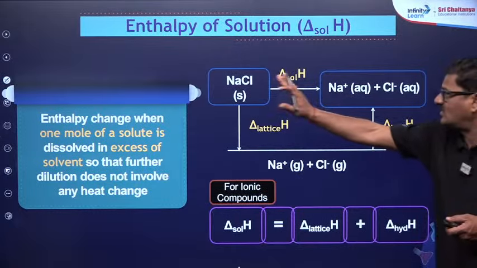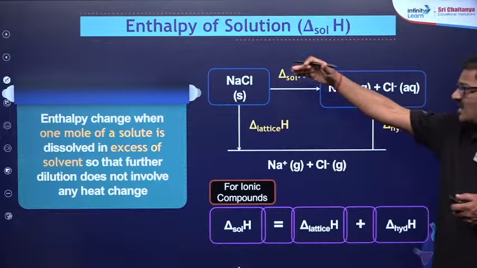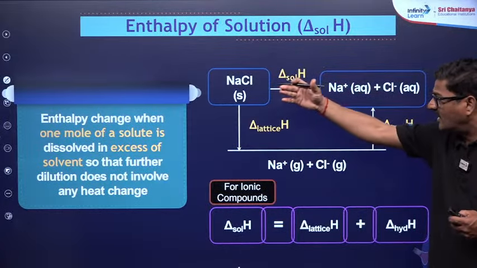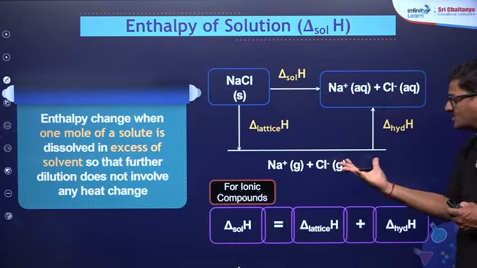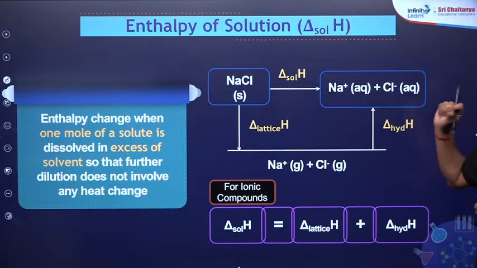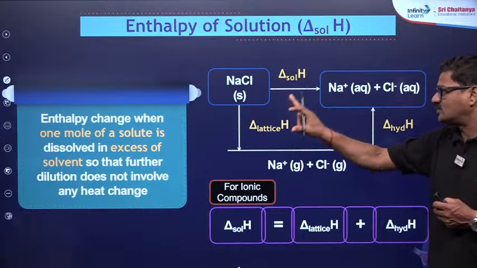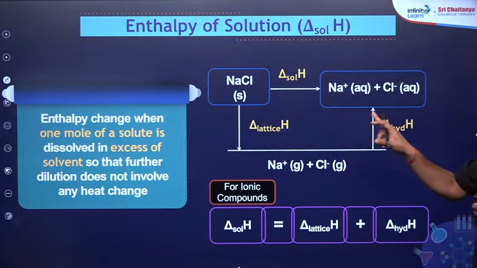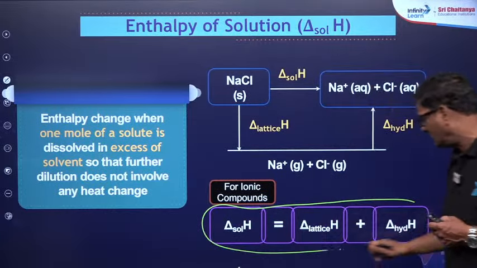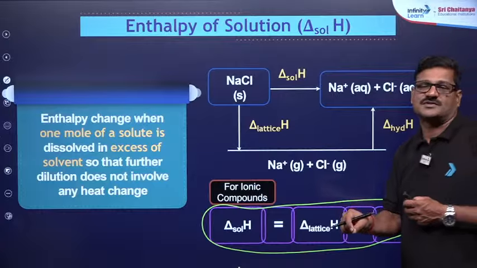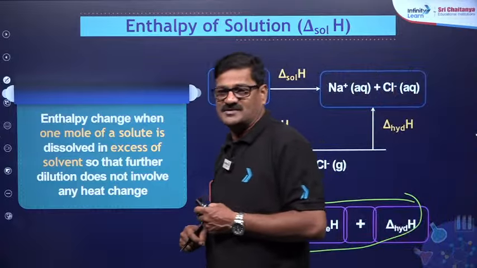This is called the dissolution process. In it the lattice breaks, after the lattice breaks you get ions, and these ions get solvated. So enthalpy of solution is equal to lattice energy plus enthalpy of hydration. So this is very important. These are the expressions that are important to solve the questions in thermochemistry.